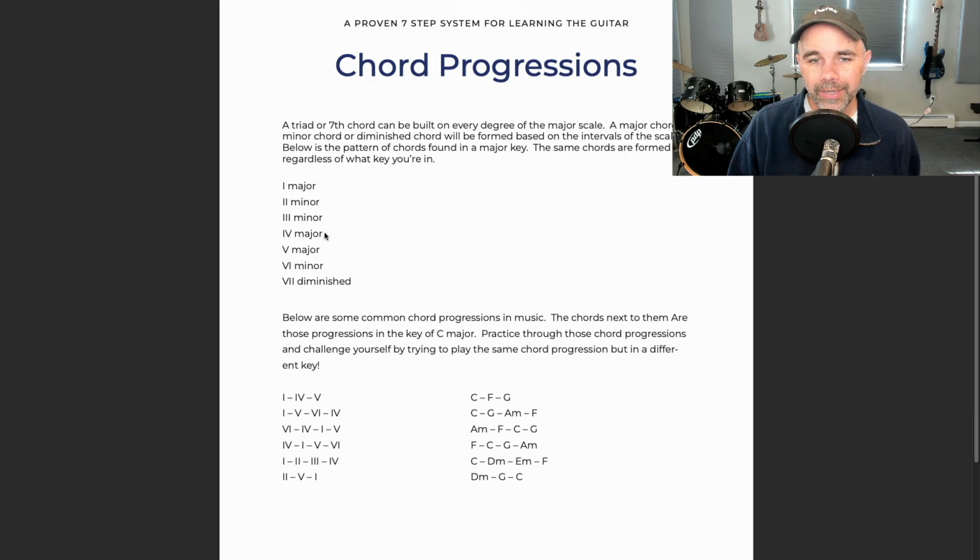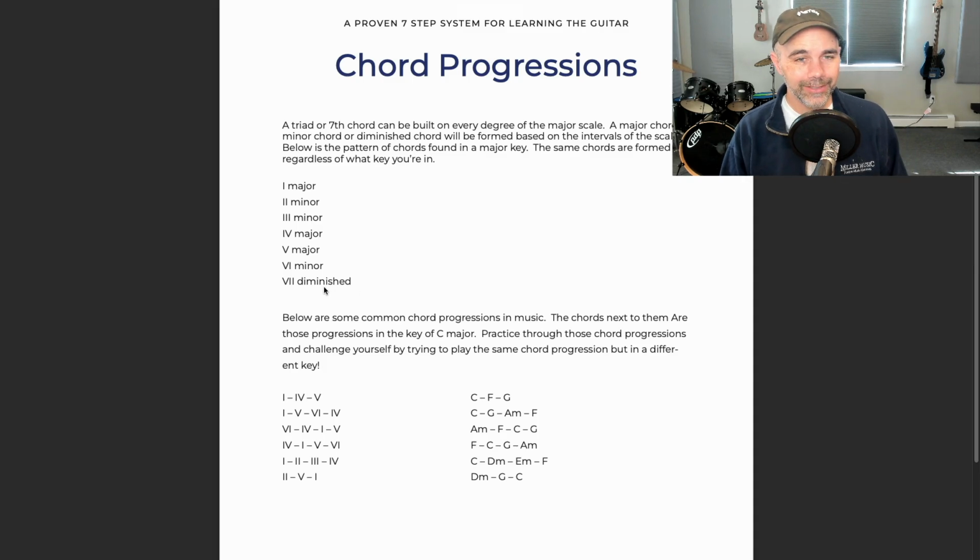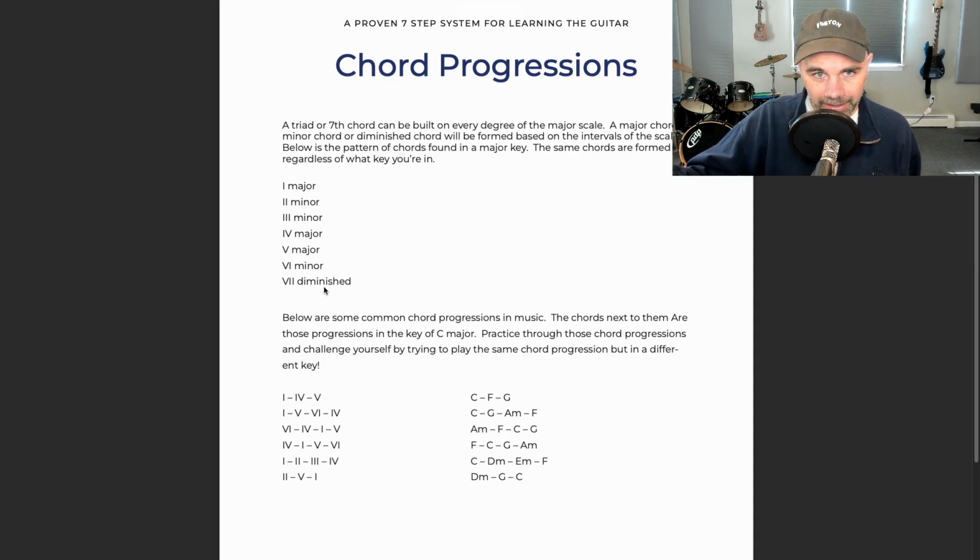The 4th note, you get F major. 5 is major again, G major. 6 is minor, A minor, and 7 is diminished. So that would be B diminished if you're in the key of C. This pattern never changes, unless you go outside of the key. So it's always major, minor, minor, major, major, minor, diminished. That's the pattern to stick within that key.